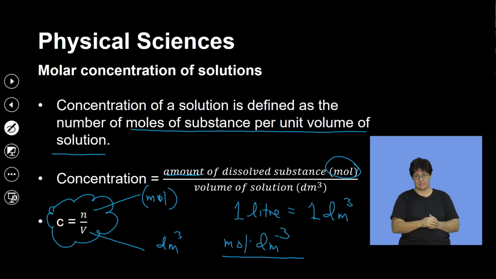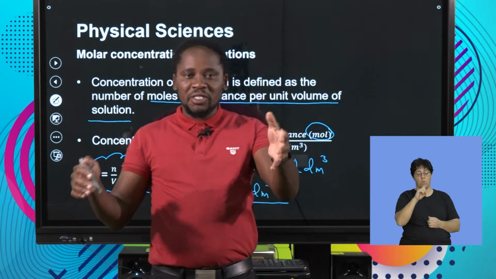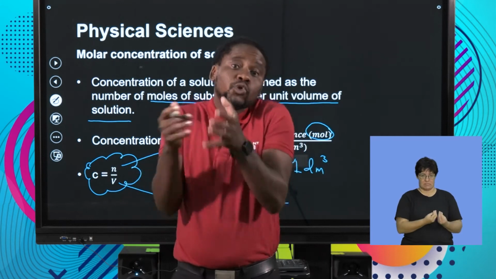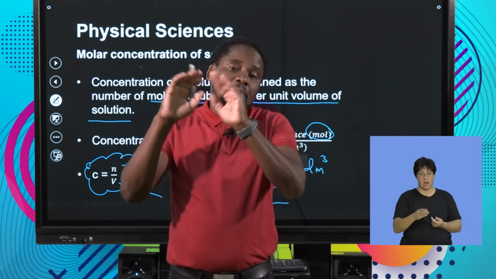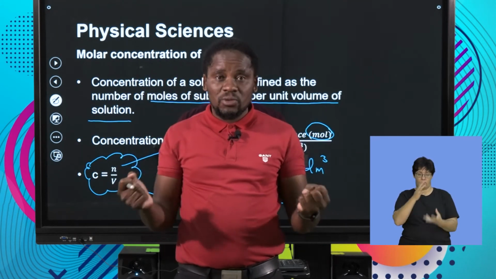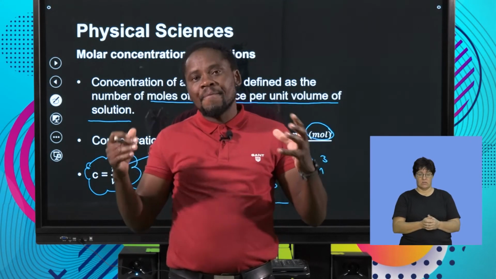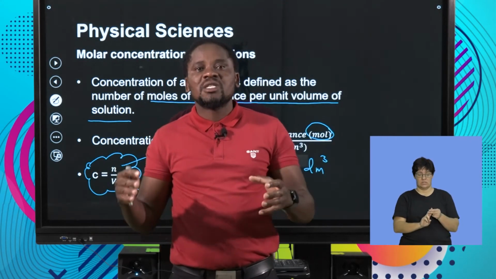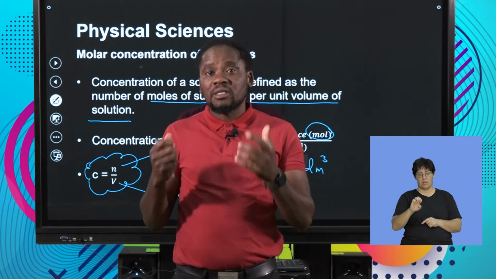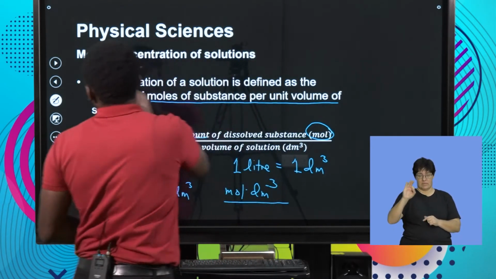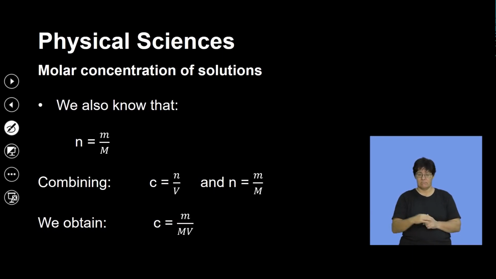Remember, the mole is the amount of substance or solute that is present per unit volume of solution. Hence, the SI unit of concentration is mole per cubic decimeter. That's what we want to understand.